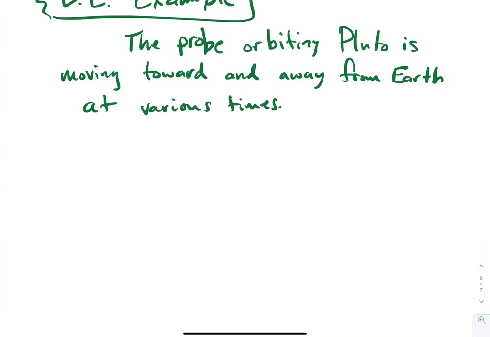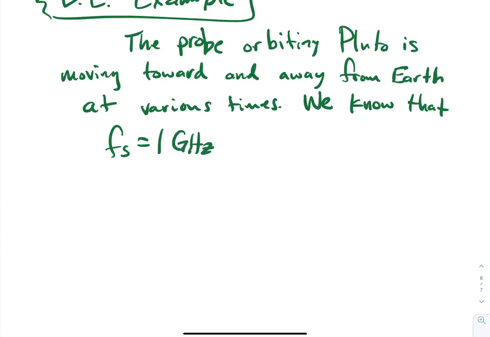We know that the source frequency is a gigahertz. We know that F source is 1 gigahertz, which is 1 billion hertz.